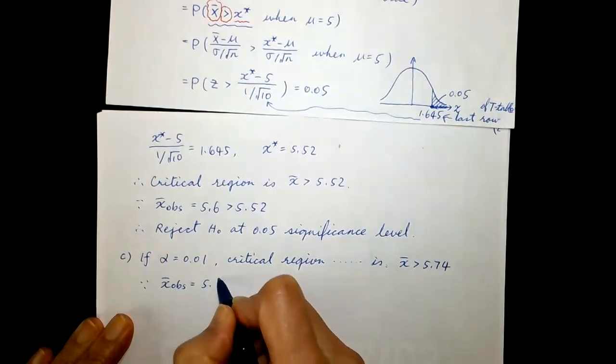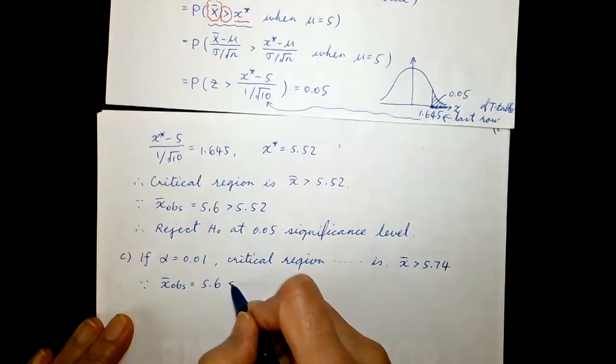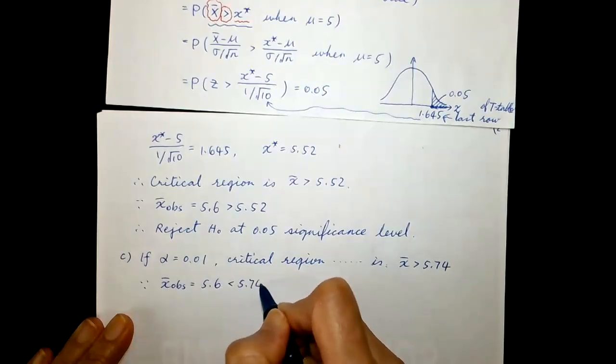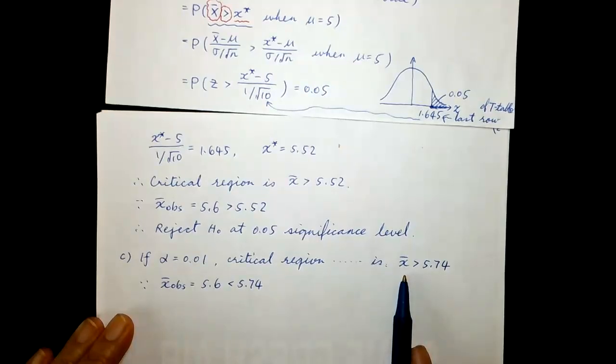Our sample has the average of 5.6. 5.6 is not greater than 5.74. 5.6, our sample mean, does not fall inside the critical region. So where does it fall? It falls into the acceptance region.